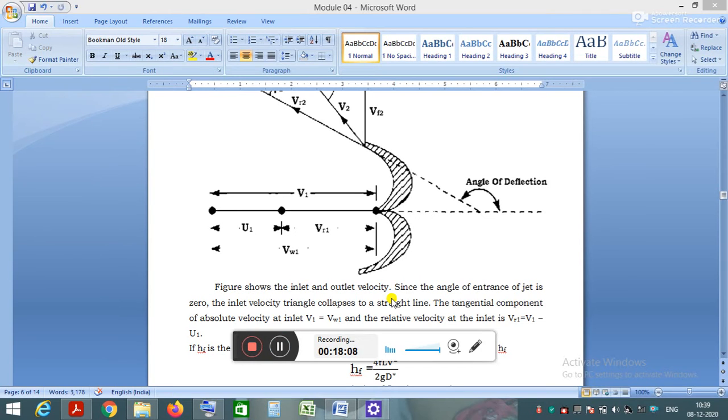Therefore, V1 becomes equal to VW1 because the water enters in the tangential direction only. The relative velocity at the inlet, VR1, is V1 minus U1.